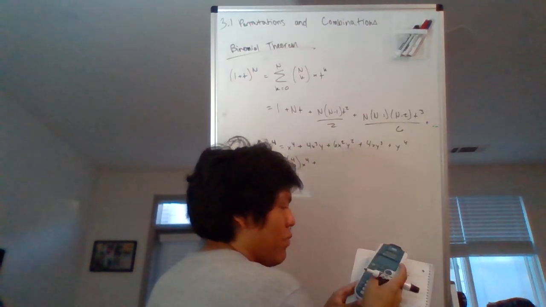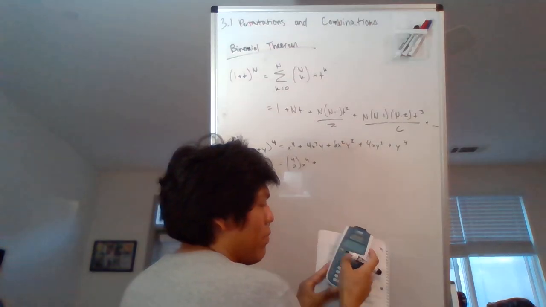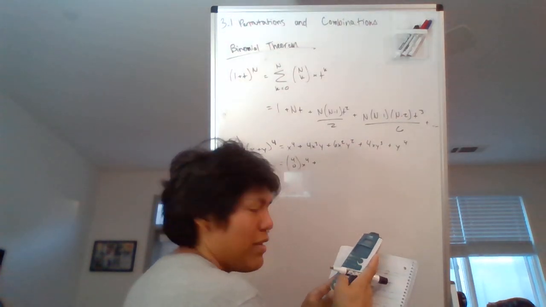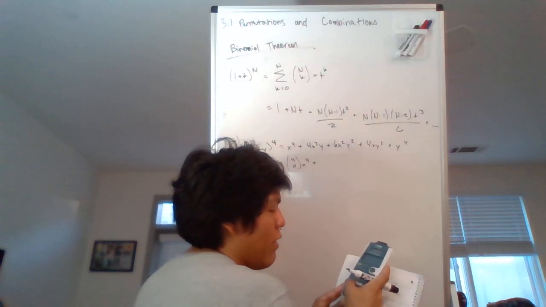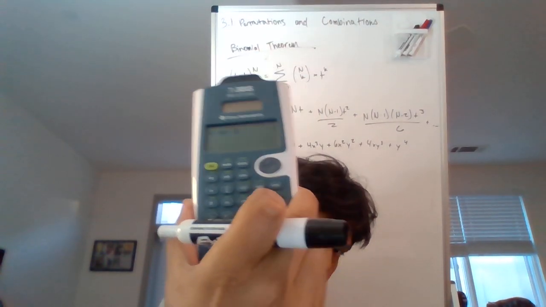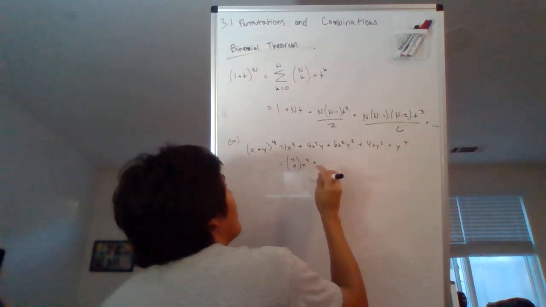And if I put it here in my calculator, it's the one that says PRB, probability, and there's one that says NCR, hit enter. If I do 4 choose 0, I'm getting a 1. I don't know if you guys can see that. So that's how this 1 showed up there.